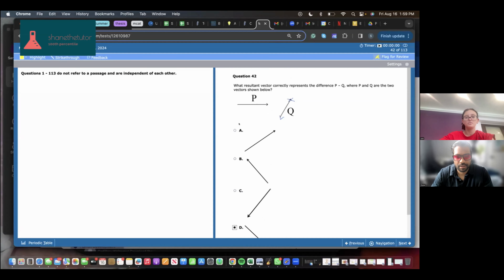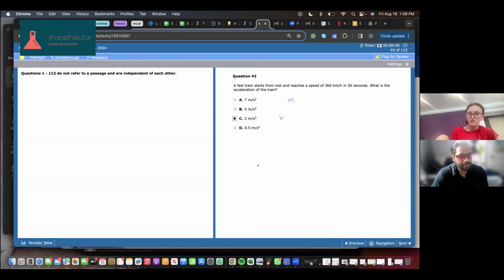Then P plus Q would be A. And then B and C would be like multiplication and division. You don't multiply or really divide with vectors. You're really just gonna do vector addition. So B and C won't be anything. But good job.